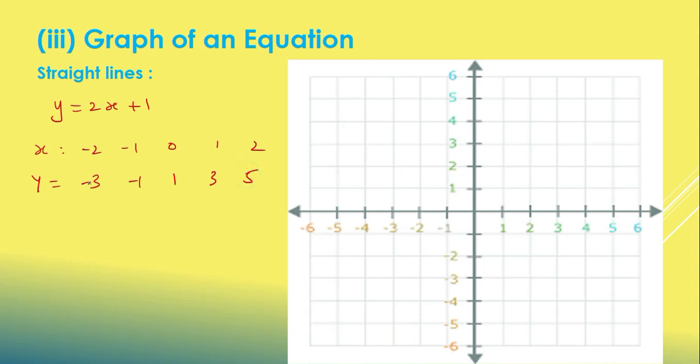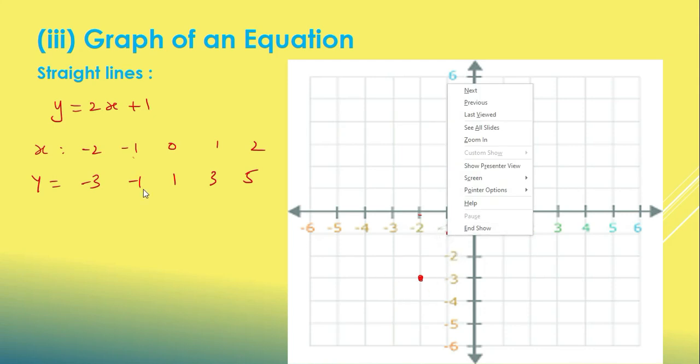So when you plot the xy pairs, x is minus 2 here, y is minus 3. So this is the point of intersection of minus 2 and minus 3. X is minus 1, it's here, y is minus 1. Both are meeting here.